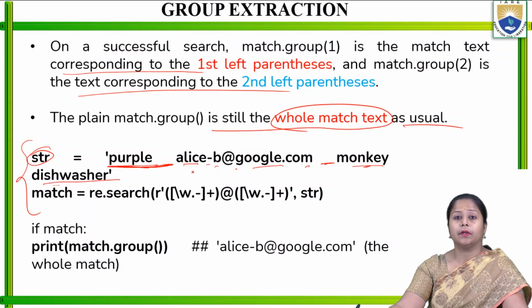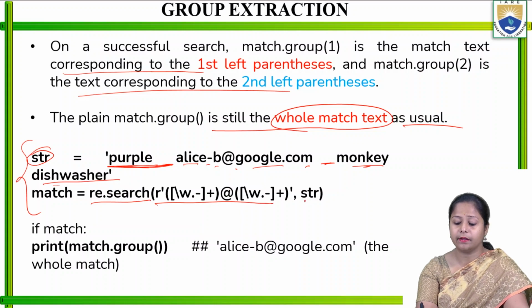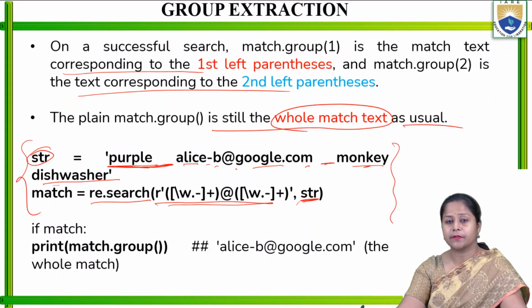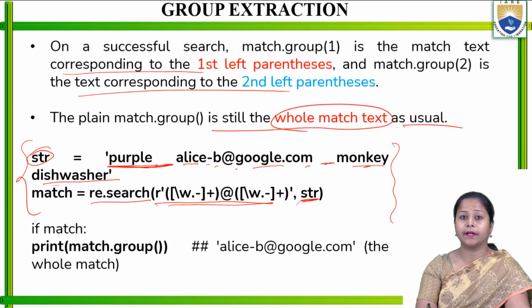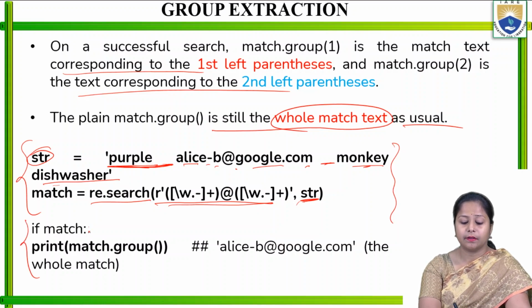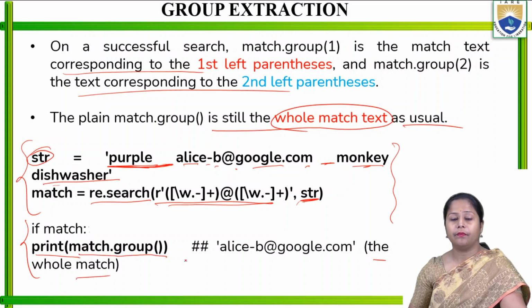In the next line, I match the pattern: match = re.search, this pattern, comma, str. That is going to give the whole match text together. Now with the condition we can print whether it matched or not: if match, print match.group(), which gives the whole match. If not, we follow the else condition.